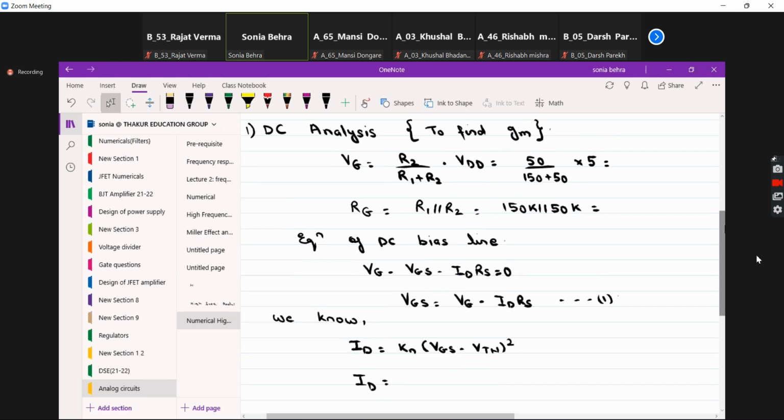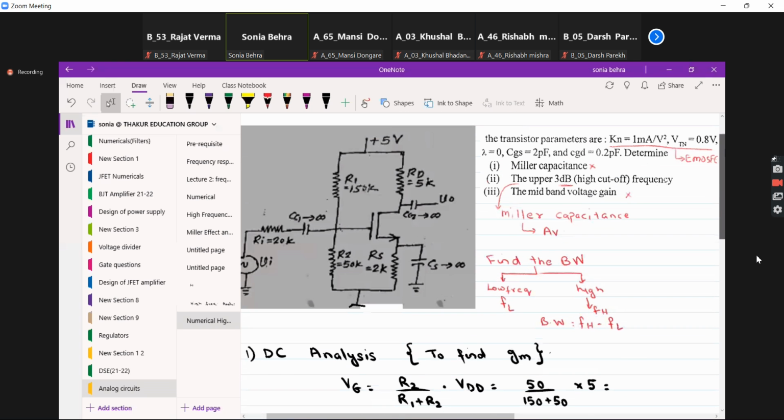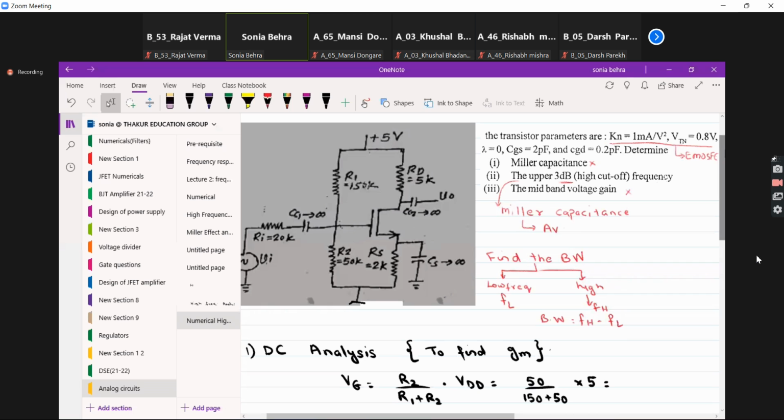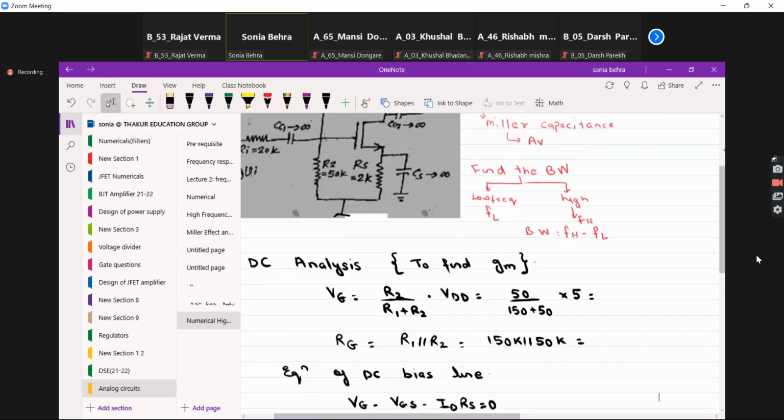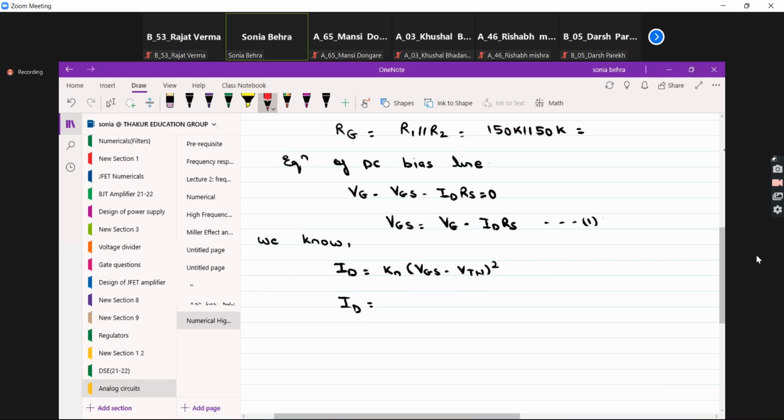In my question, Kn is given as 1 milli. Here, what I have highlighted in red, this Kn is given as 1 milli, VTN is given as 0.8 volts. So I will put it over here in this equation. So this Kn is given as 1 milli VGS minus 0.8 the whole square.